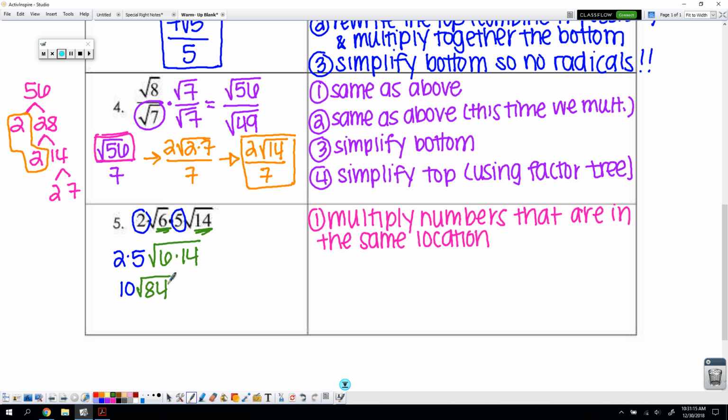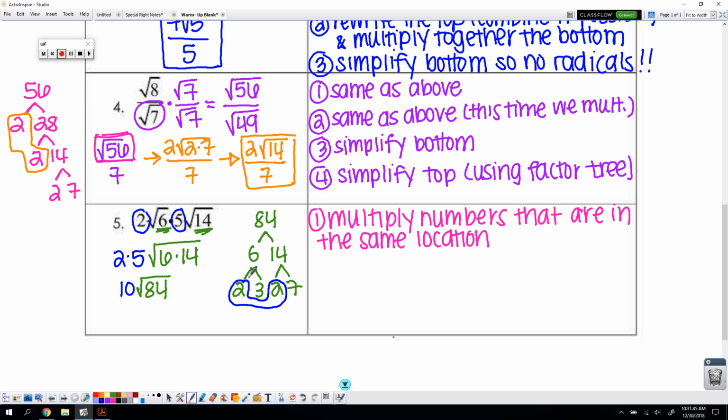Okay, now here in the green we have to factor tree 84. So 84, if you look, it's made of 6 and 14. That's literally what we just did, so I can use that. 6 becomes 2 and 3, and 14 becomes 2 and 7. So I do have a pair right here of 2s.